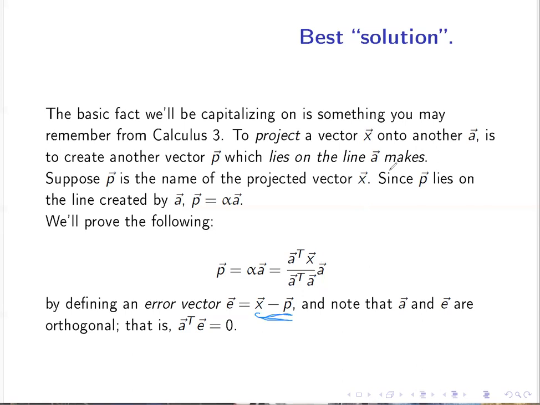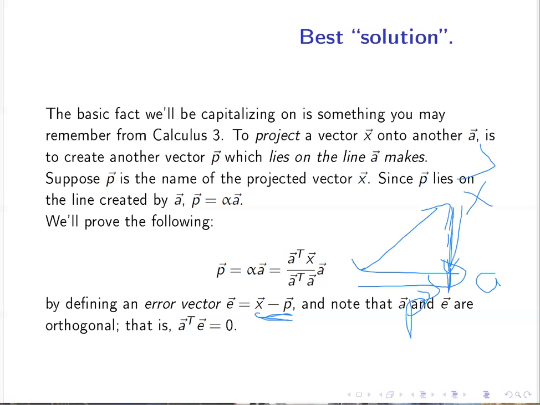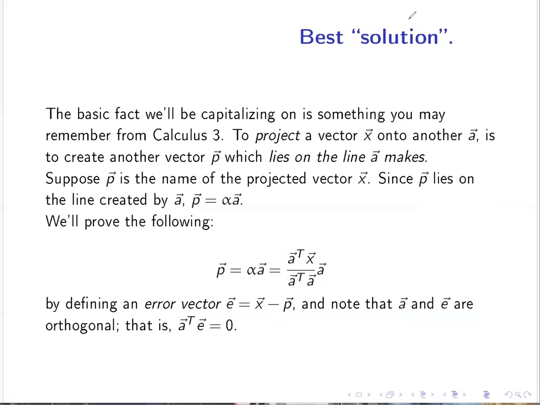The way to think about that is, if this is A, and this is the vector X, then when I project that down, it's going to give me this thing, which is going to be P. Well, this vector right here is our error vector. So it's going to be orthogonal to A because that's how I get from X directly down onto A. That's what the projection is really doing, sending it straight down onto it.